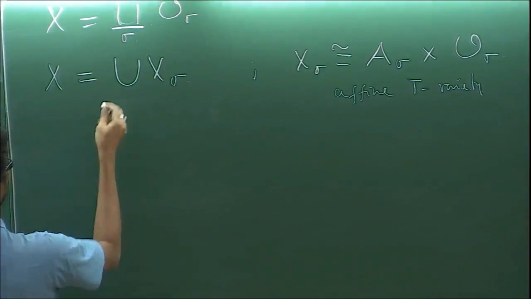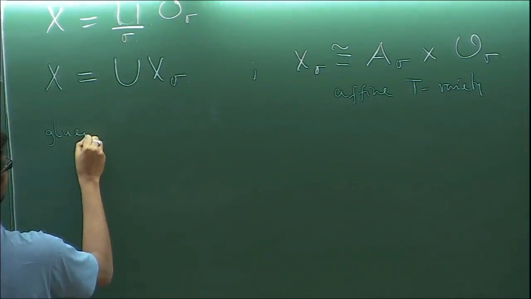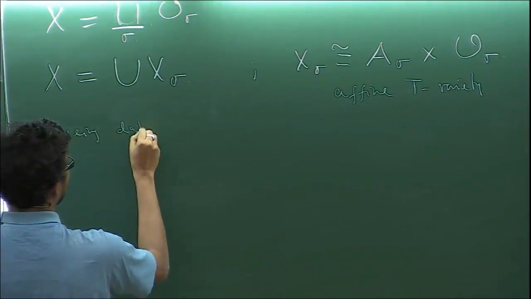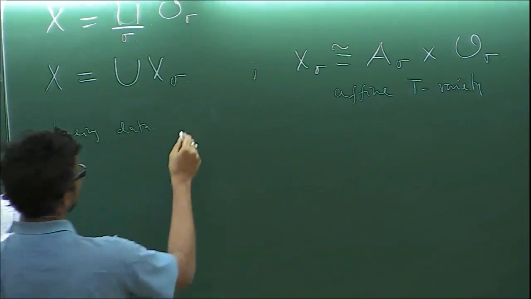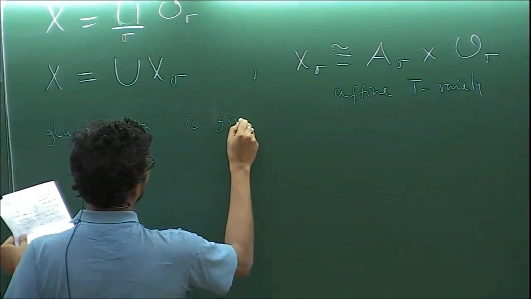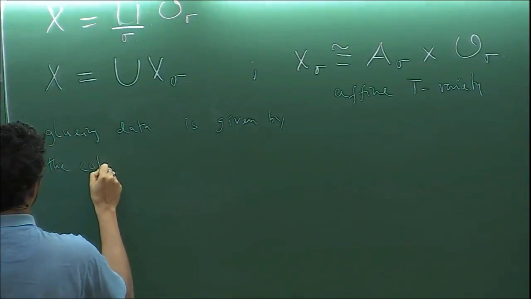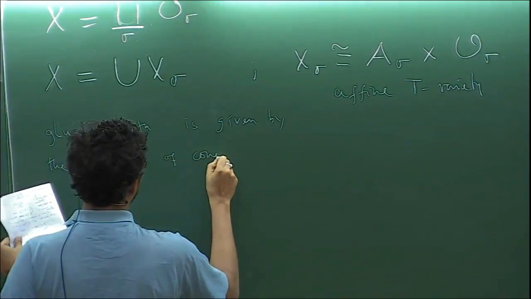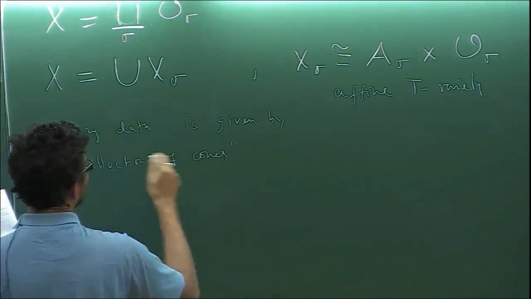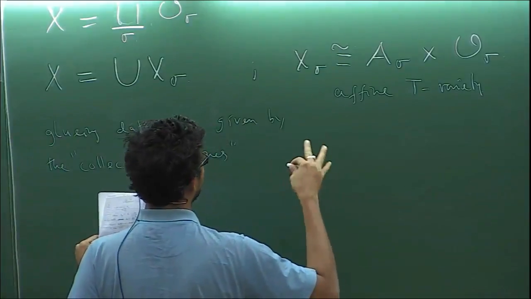The gluing data is given by a collection of cones, with the property that if you take two cones, they should intersect nicely.